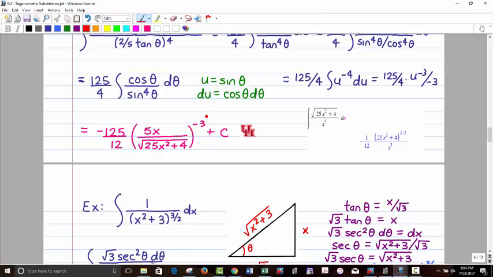Now let me point something out here to you, especially if it's a multiple choice type question. On a handwritten question, I have no problem leaving it like that with a negative 3. That's no issue at all. But on a multiple choice question, they probably would have it as a positive exponent, which means all you would have to do is flip this fraction upside down, and make that a positive 3.